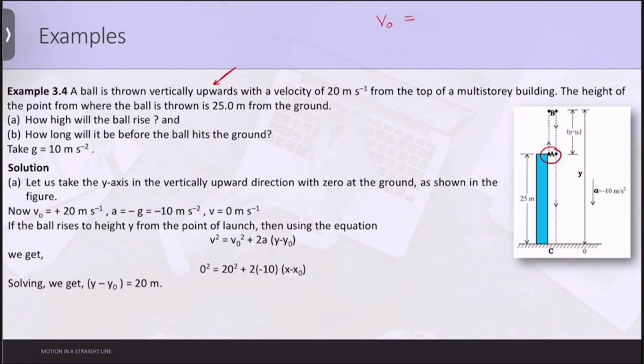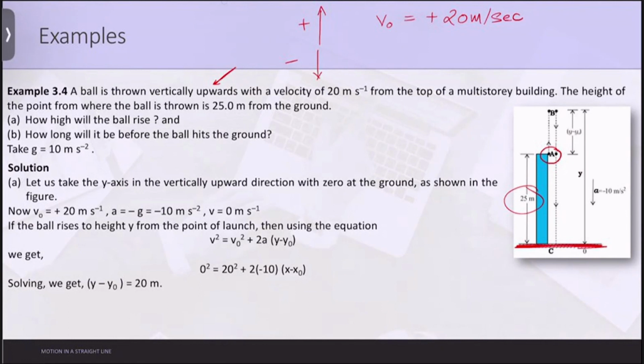If we take the upward direction as positive, the downward direction is negative. Therefore, the velocity will be plus 20 meters per second. Clear? The height of the point from where the ball is thrown is 25 meters from the ground. So this is the location, this 25 meters is given to you.